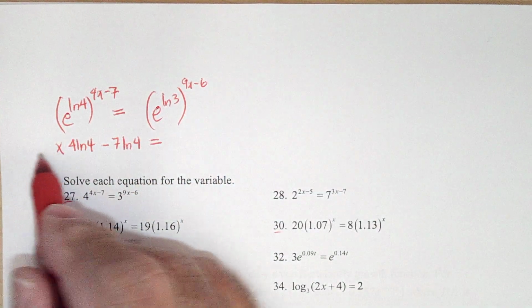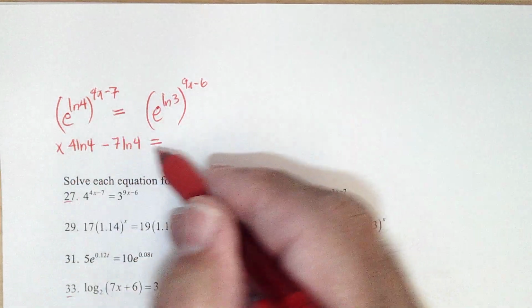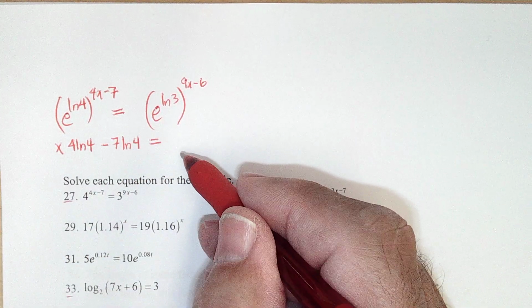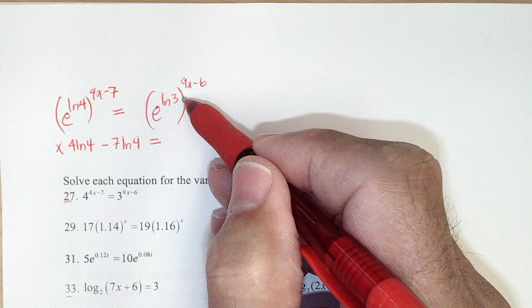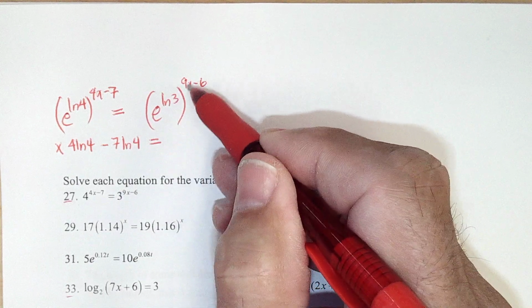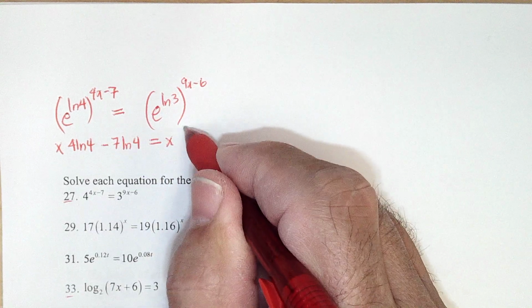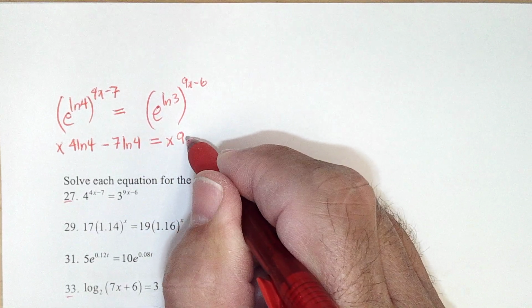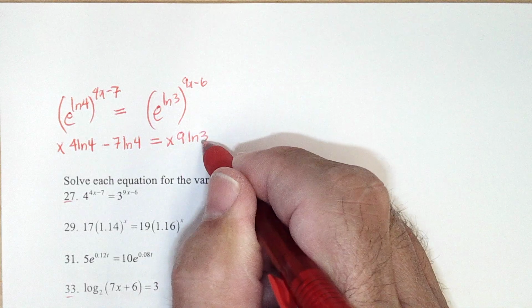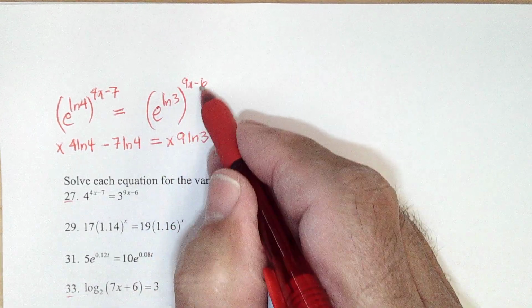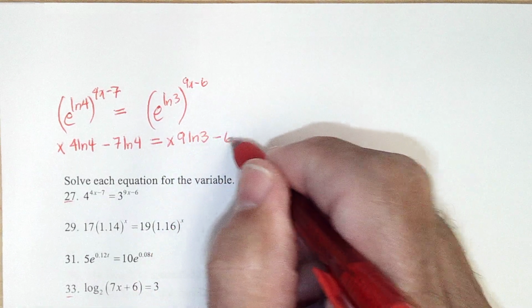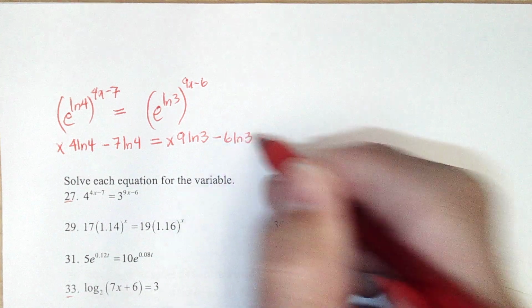And that would be e to this, and the other side is going to be e to this, and so I'm dropping the e. And this is going to be ln 3 times 9x, which is x times 9 ln 3, and ln 3 times -6 is -6 ln 3.